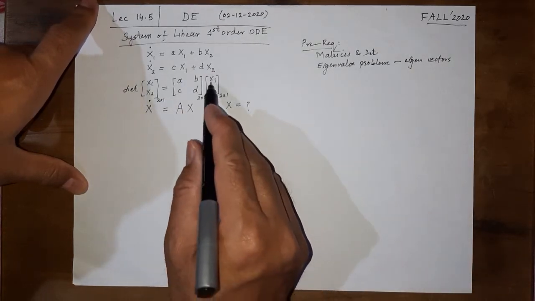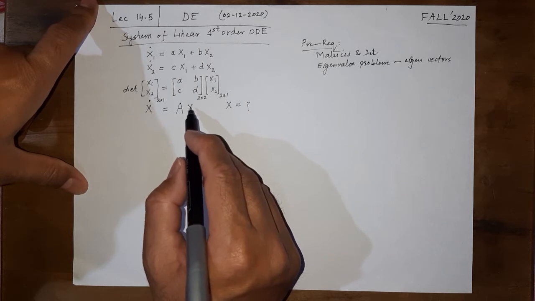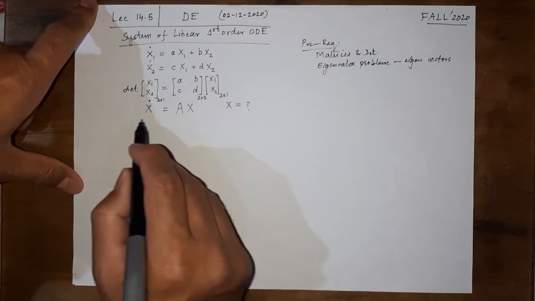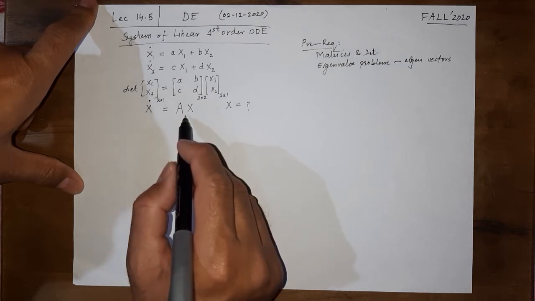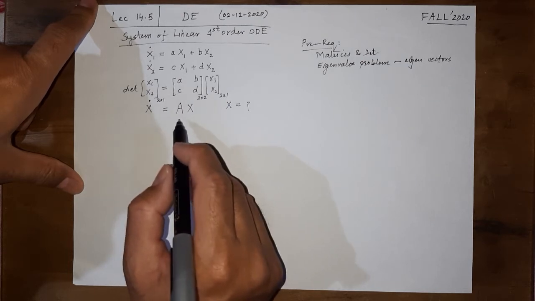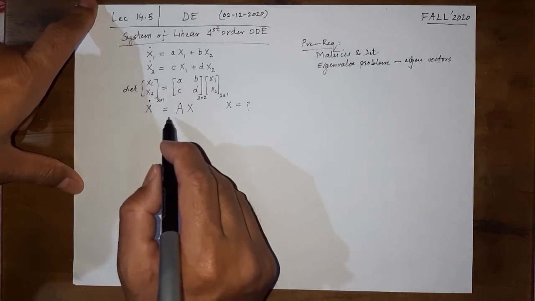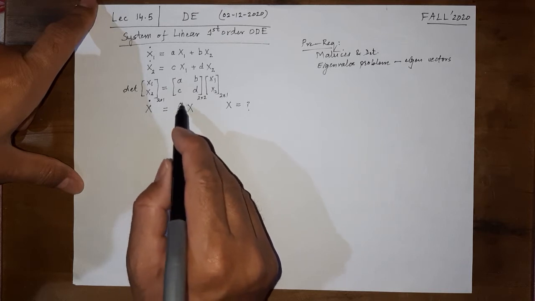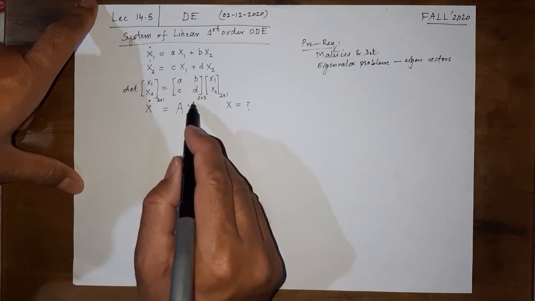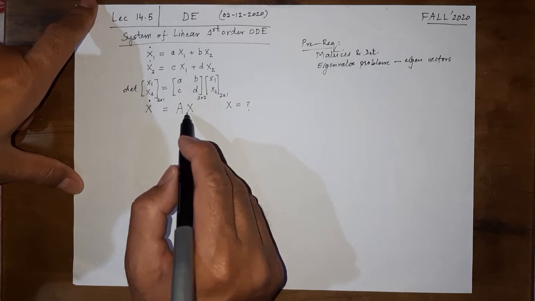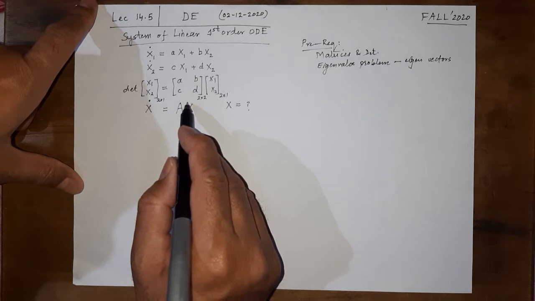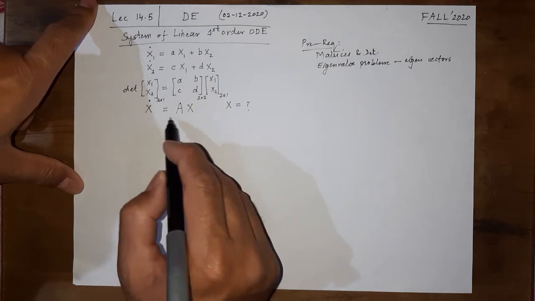So the column matrices are also called vectors. From this matrix representation of a differential equation, the point is we know what A is, and we need to find what expression this vector would be that satisfies this equation.